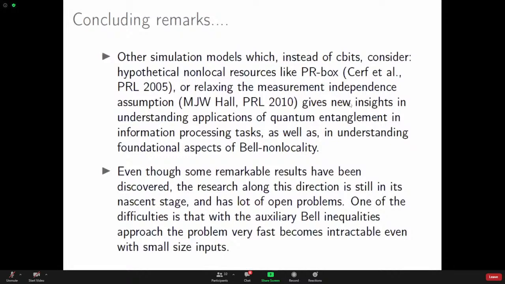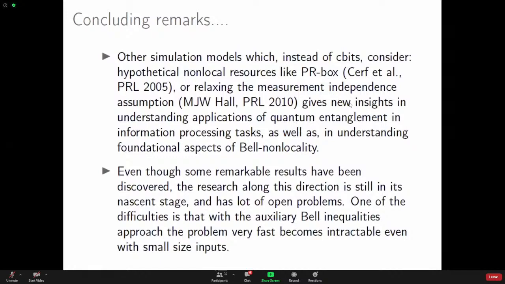Yes, it will be a big discovery. First of all, it has to happen experimentally, because with quantum mechanics, one cannot go to a PR box. So if it happens, it would mean we are finding exceptions to quantum mechanics.